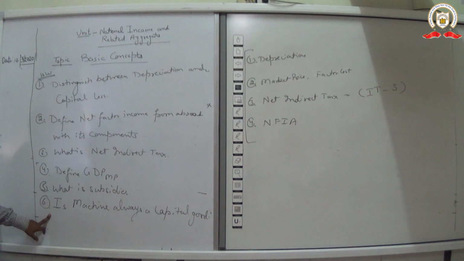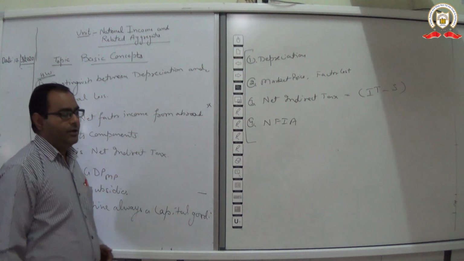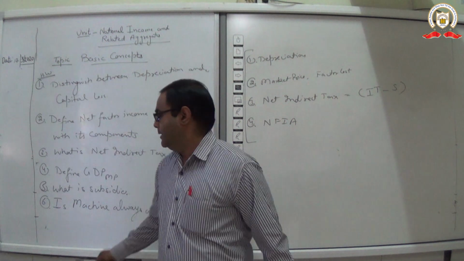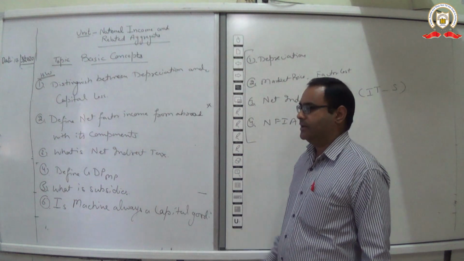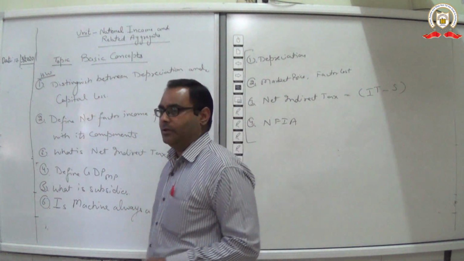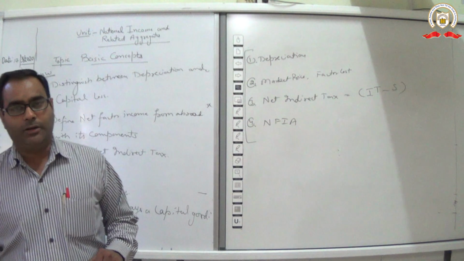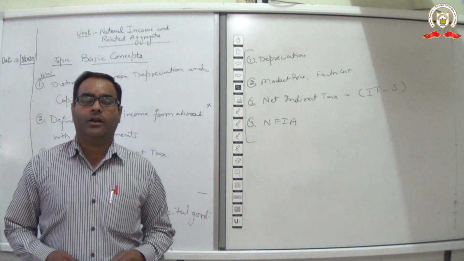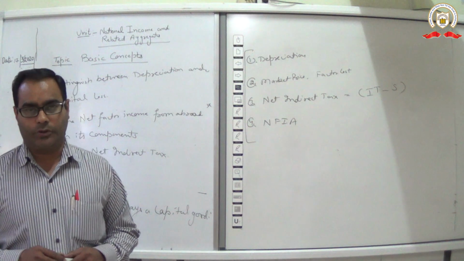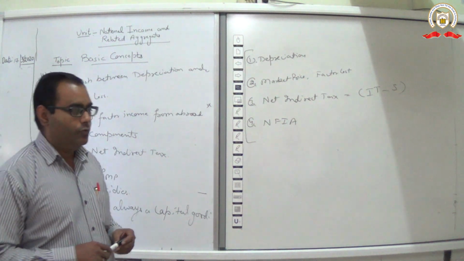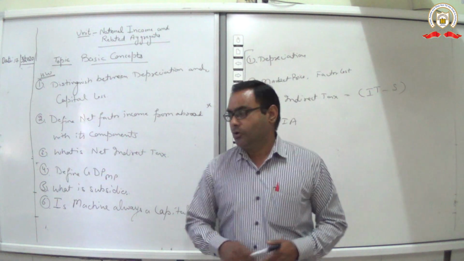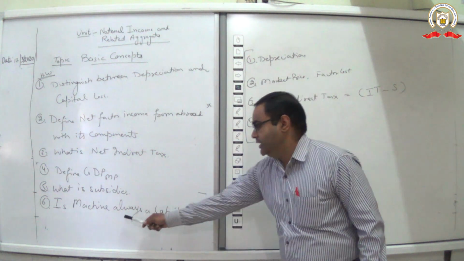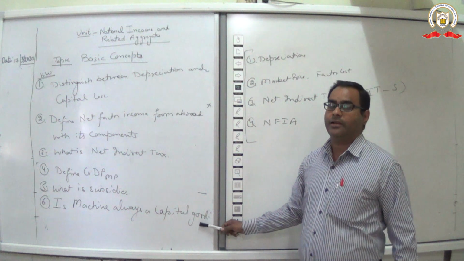Is machine always a capital good? It is a very good question and has been asked in board exams many times. We had discussed that goods are of two types, consumer goods and capital goods. Capital goods are those goods which are used in further production, whereas consumer goods are those goods which are used by the consumer. So in this case, machine is not necessarily always a capital good.